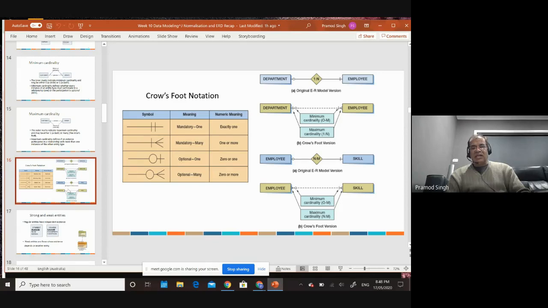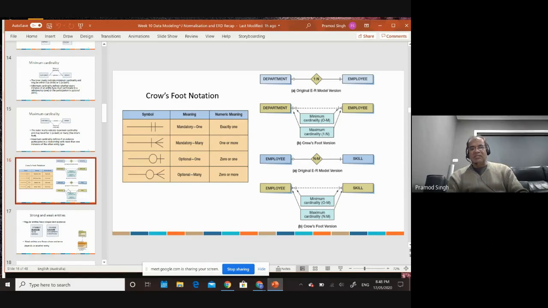In the right-hand side, the relationships are shown with a diagram as well as some explanation. You can see department has a relationship with employee, and that relationship is one to many. It means one department has many employees, but one employee can have zero departments or no department.